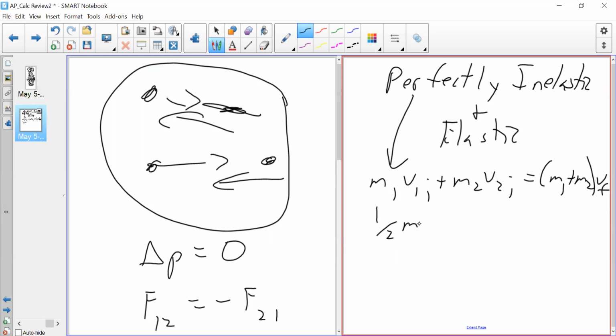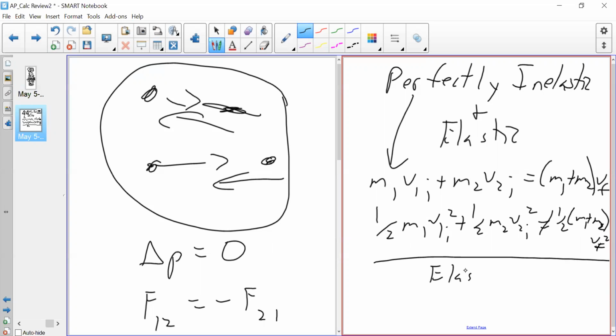So that looks like this. So VF squared, and out of space. Those two masses will have one common speed, and we know that the energy will be different on both sides. Momentum will be the same for a perfectly inelastic collision.